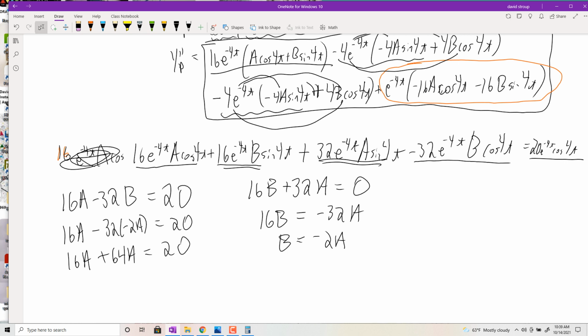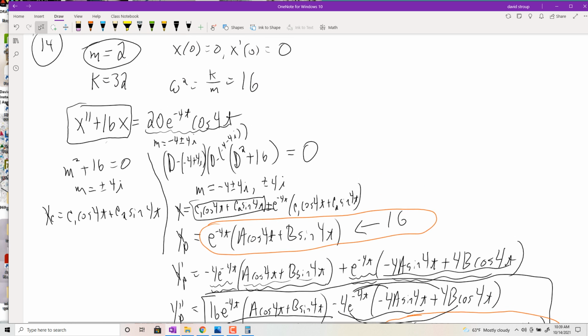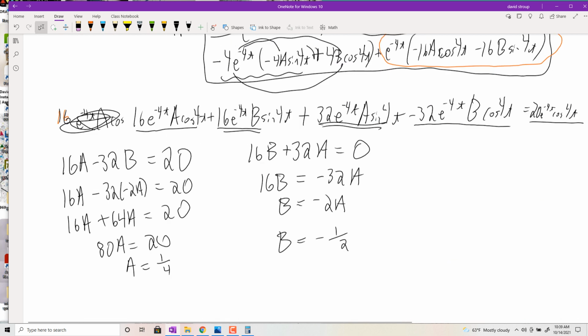So that's going to be 80a equals 20, so a would equal 1/4, and so b is equal to negative 1/2. Okay. Let's make sure I get my a's and b's right. A is with cosine, b is with sine, and then my complementary part.